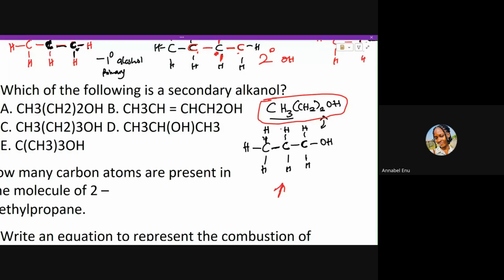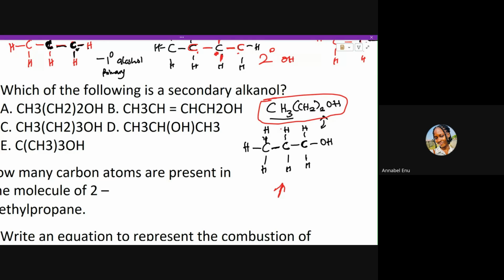The OH functional group is what tells us this is an alcohol, so our focus is on that carbon carrying the OH. Carbon has 4 bonds around it. If one of the other bonds is a carbon group, it is primary. If 2 of the other bonds are carbon groups, it's secondary. If 3 are carbon groups, it's tertiary.